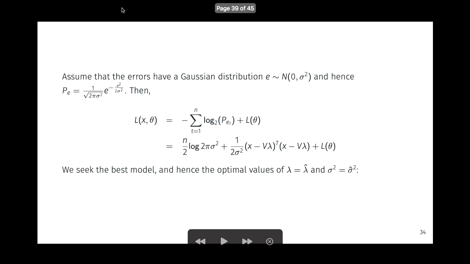Okay, so how do I do that? Now if I want to differentiate this whole thing with respect to the model parameters lambda, well, first of all, the first term, there's no lambda there, so differentiating with respect to lambda gives nothing. The third term, there's no lambda there either, so that's nothing.